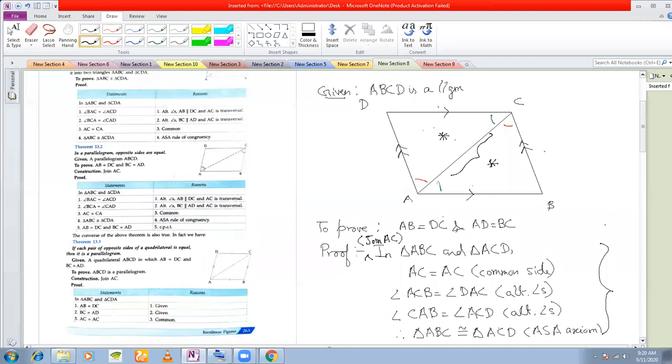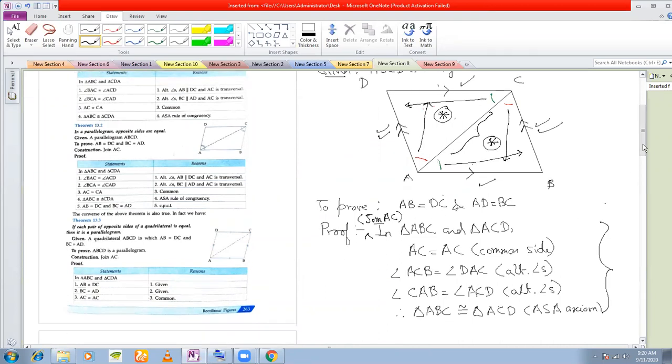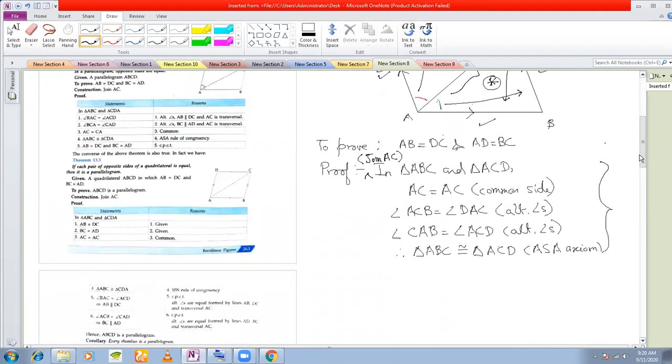once I've proven that these two triangles are congruent, I can say by CPCT that this side is equal to this side, and this side must be equal to this side. Can I say or not? Yes, sir, you can say. Because opposite to these red angles, you have this side, so these two must be equal, and opposite to these green ones, you have these two sides. Therefore, they must be equal. So exactly in a similar manner, this part remains the same.